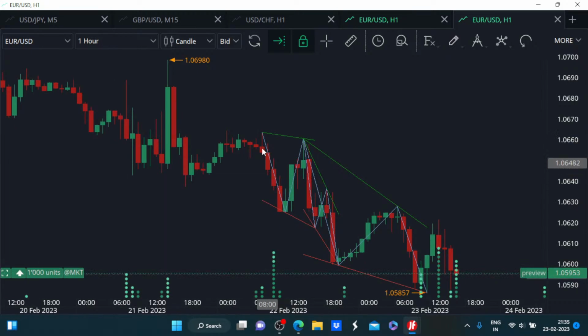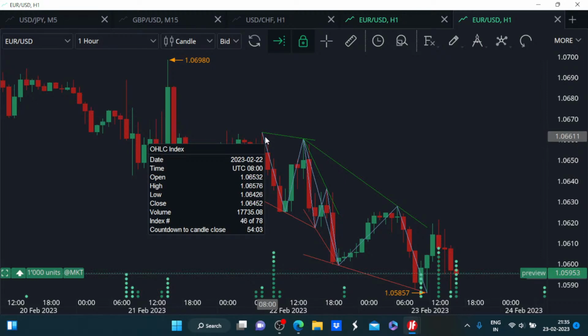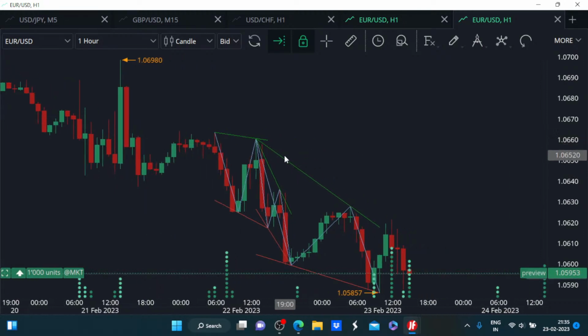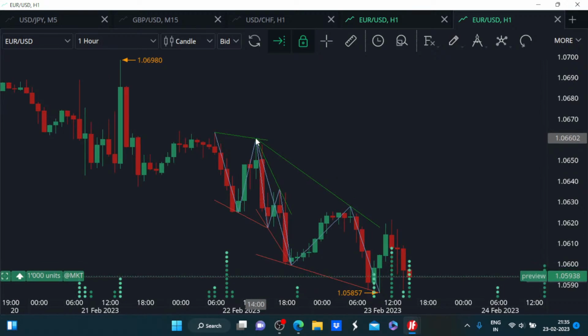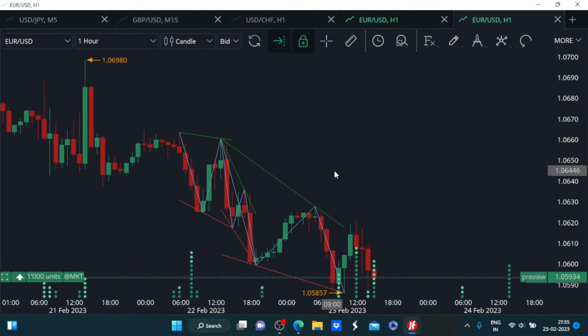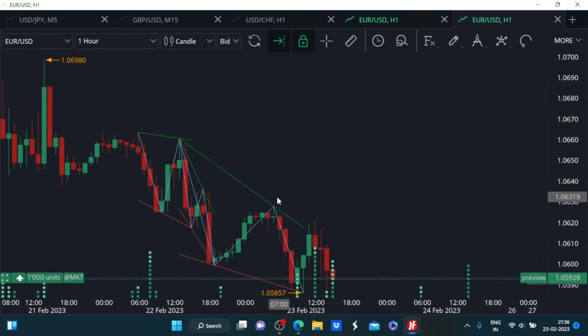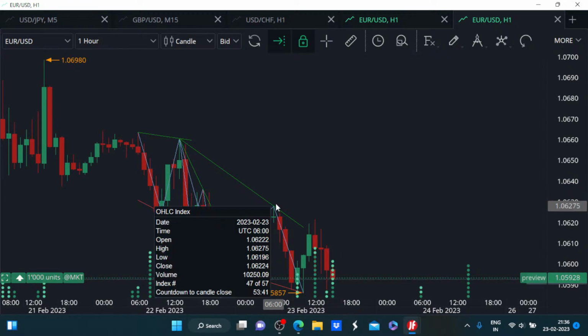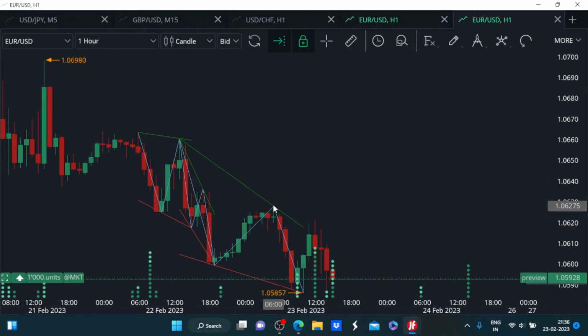Even in yesterday's session, the formation would have given you this downward trend, and if you were to then optimize the trade using the immediate swing high as the exit point, with a smaller buffer on the upper side, we would have been in a position to profit significantly. The same thing applies in today's session as well. If you were to utilize the immediate swing high of this channel as a stop loss, with a slight move beyond that as a buffer, then you would have been able to make money in today's session as well.